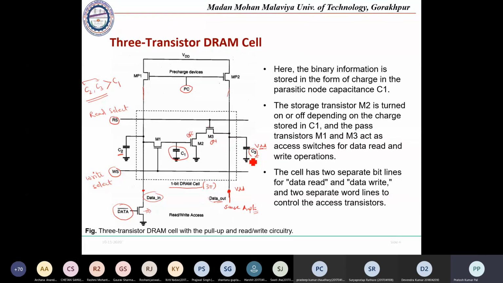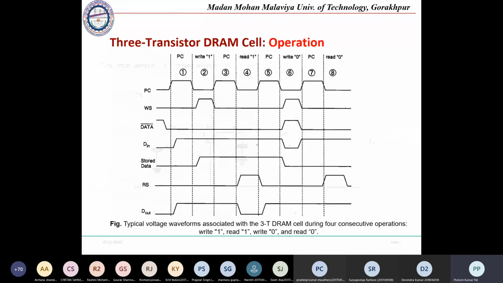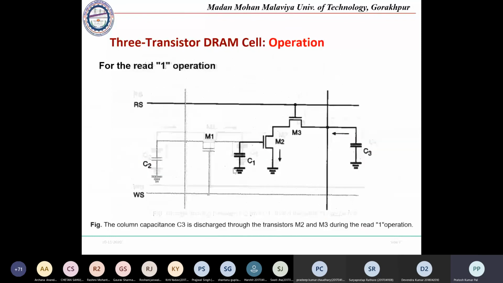In the pre-charge it will be charged, but while reading, if it is discharging, that means C1 has a logic 1. If it is not discharging, there will be no path for discharging, that means C1 is equal to 0. So either 1 or 0 that is stored will be read by the data out signal. This is how the reading and writing of the data is done.